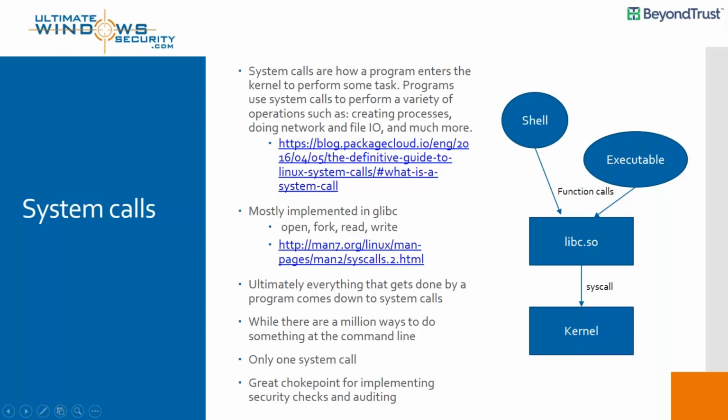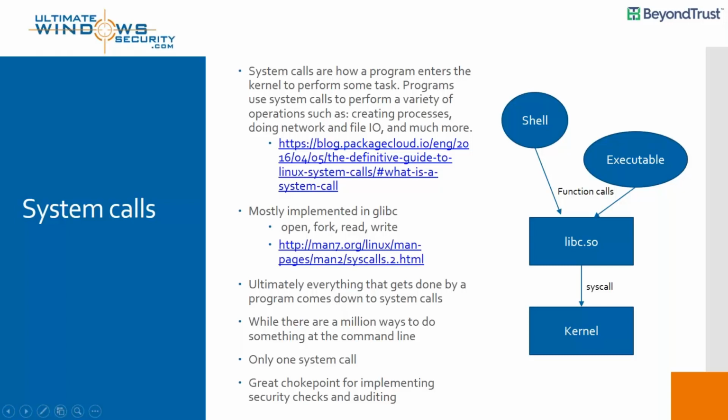And so whether you are in the shell doing something or whether you're an executable, let's say we're going to read 100 bytes from a file. Well, that may be accomplished through the function call fread or whatever it is. I can't remember at the moment. That hits your standard library of C, but that in itself is just a wrapper for the syscall of the kernel, where the operating system finally gets involved and actually goes out to that place on disk and reads that data in.